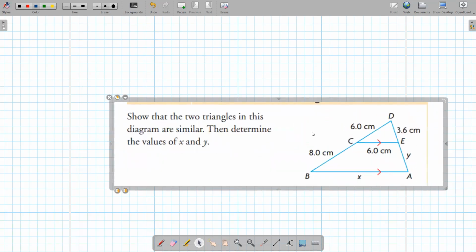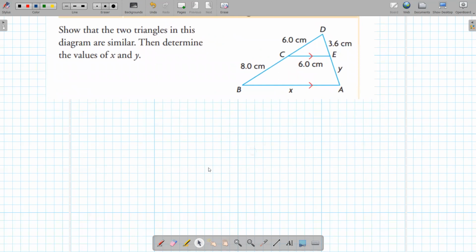Show that the two triangles in this diagram are similar. All right. Where are the two triangles in this diagram? What's the name of the two triangles? I'll give you one of them. One of them is CDE, you see?